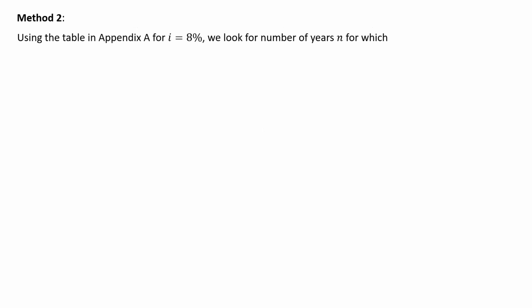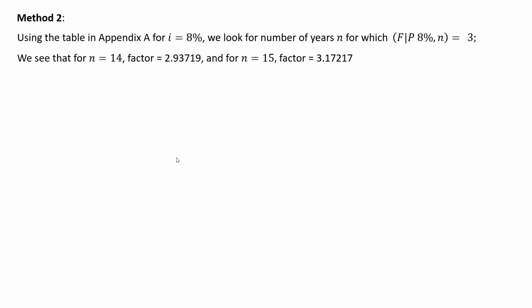Method 2, I'll just quickly go over it. So you need to go to the table again. 8% interest rate. We look for the number of years n for which this factor is 3.